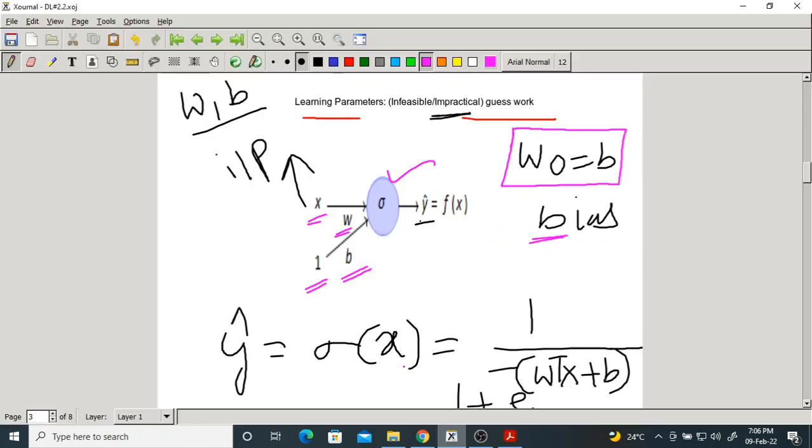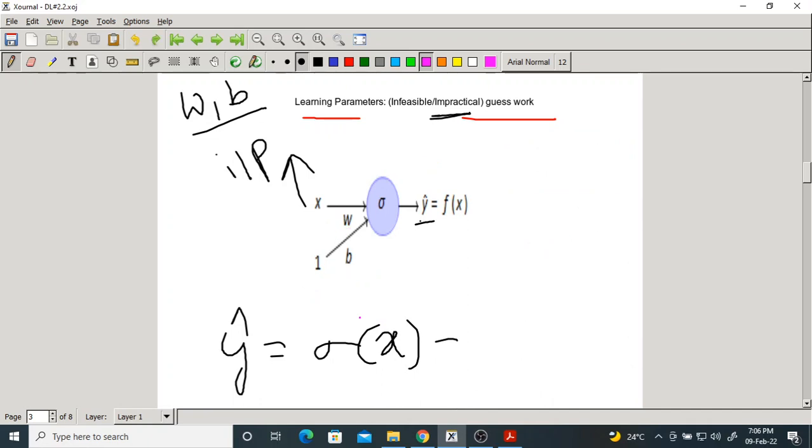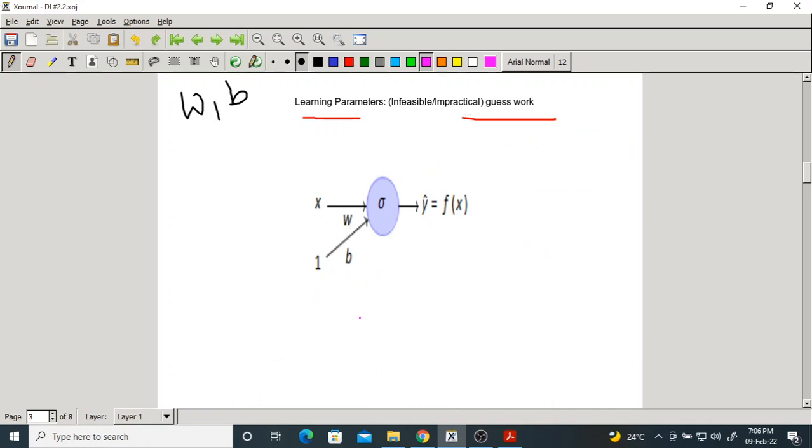So actually, the job of this neuron is to find out whether I like a movie or not, dislike or like. Instead of that, I am giving input x as the critics rating, which is a real number.